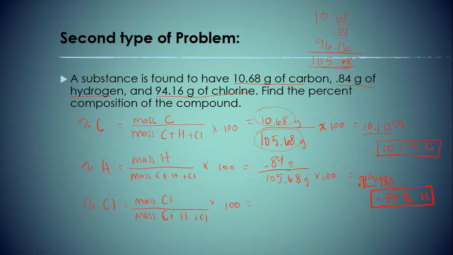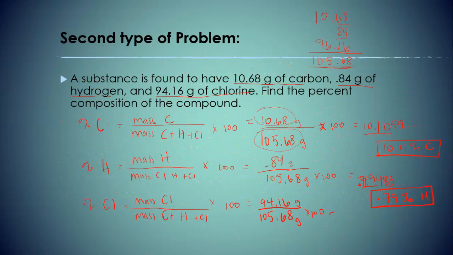Then our last one, we need to do the mass of the chlorine. The mass of the chlorine was 94.16, and that is over 105.68 times 100.